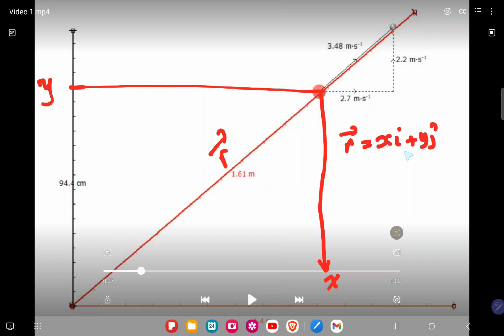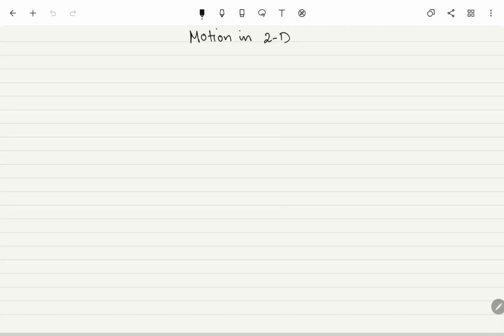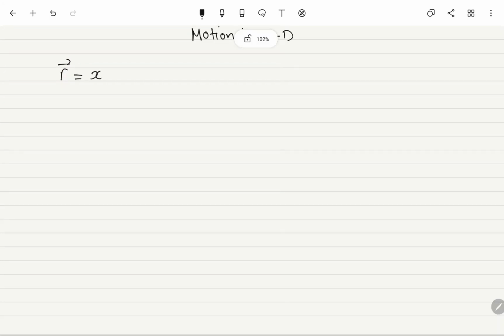So two coordinates are used to represent the position vector for an object moving in two dimensions. Remember, the x and y coordinates are in the horizontal direction, parallel to the surface of the earth. This is called the position vector.